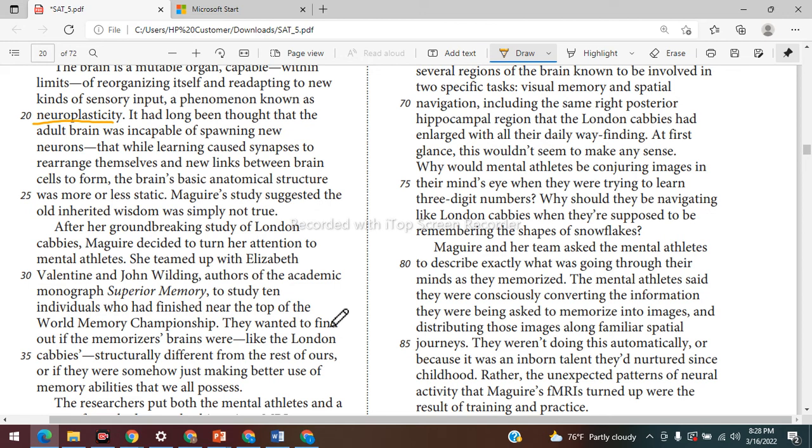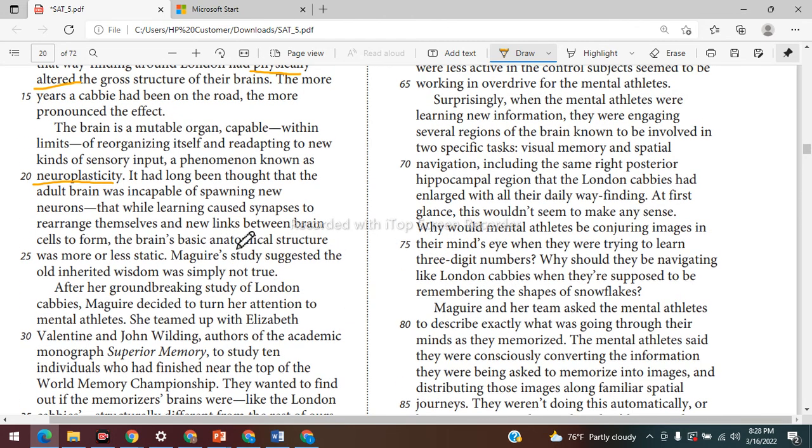Sure, you could gain more information and more memory, but people thought the basic anatomical structure was more or less static. But according to McGuire, your brain actually increased in size and structure physically based on what you did.